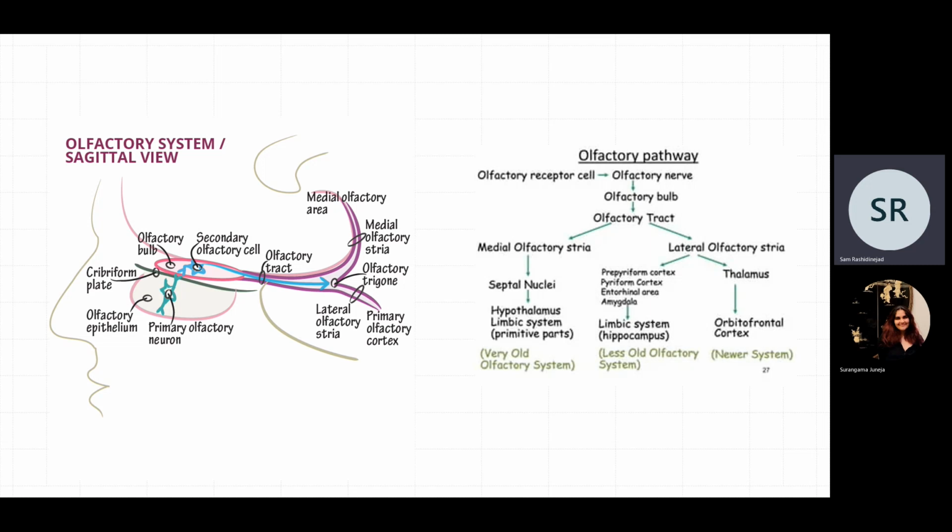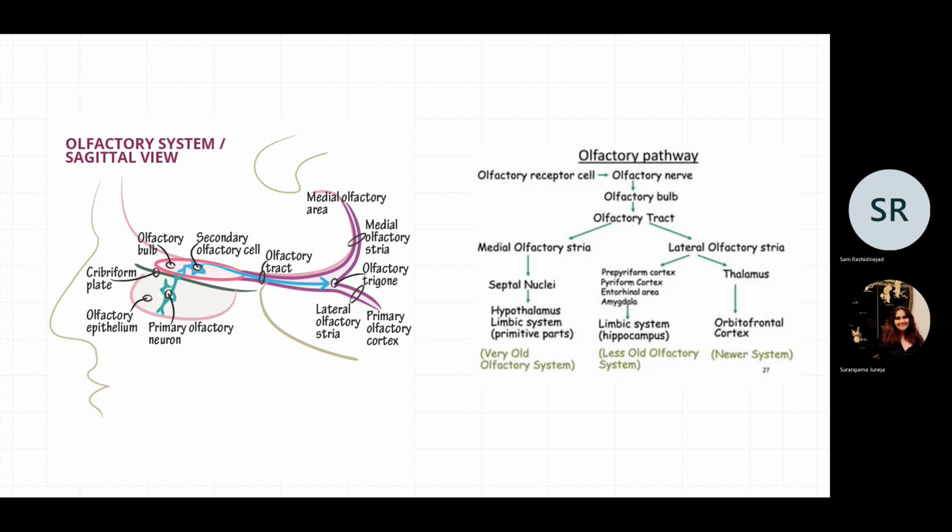One thing that is important to mention is that all these systems also enter the entorhinal area. They are not responsible for conscious perception of the smell, but more for emotions associated with the smell, or motivation, for example, in an individual after sensing a special smell.